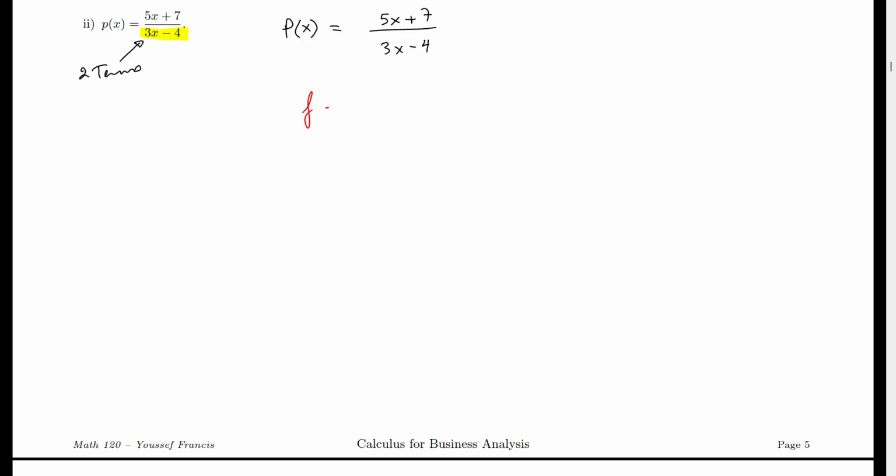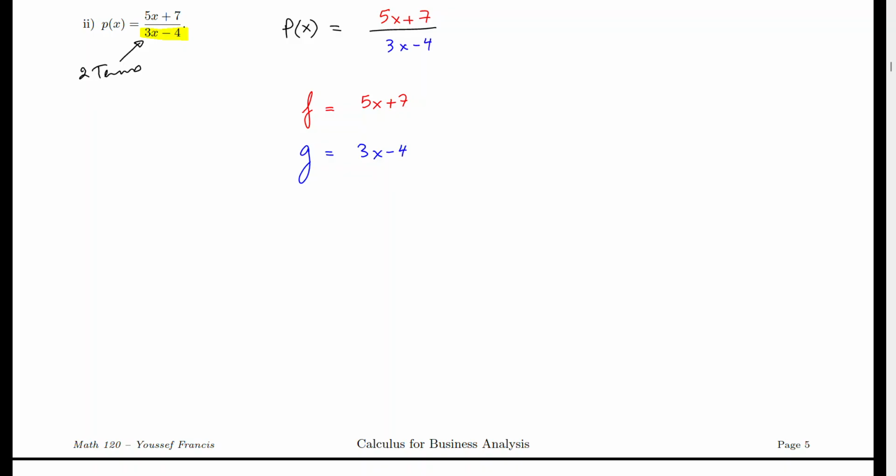Just like before, something will be called f, something will be called g. The f is always the things in the numerator. So 5x plus 7 is my f portion, and the denominator is going to be called g for us.